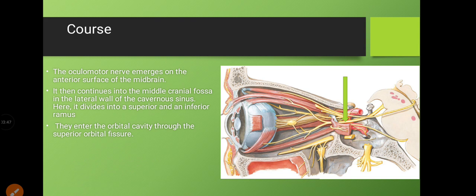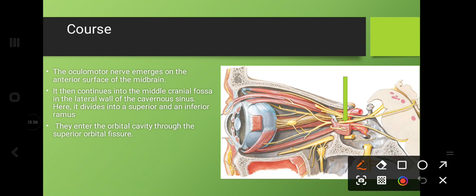The oculomotor nerve leaves the anterior aspect of the midbrain through the interpeduncular fossa and then passes in the middle cranial fossa in the lateral wall of cavernous sinus, where it divides into superior and inferior division.